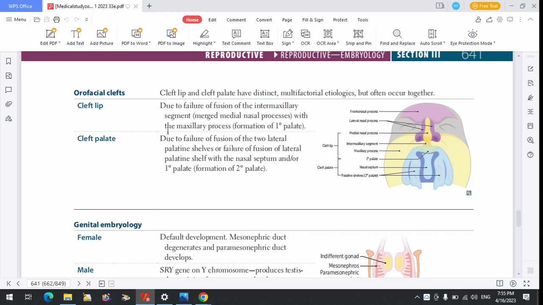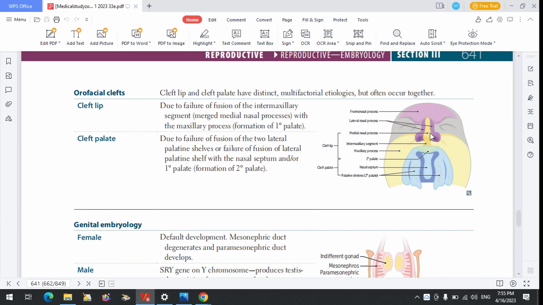So what brings about formation of the cleft lip? Now I want you guys to observe this image very well. Now the problem of the cleft lip is due to the failure of merging of the medial nasal processes. So you guys can see the medial nasal processes.